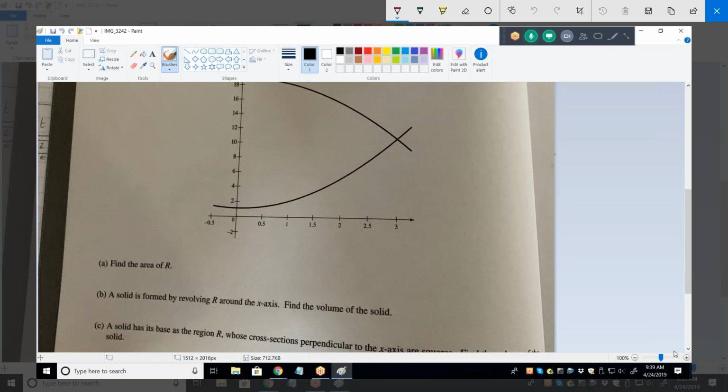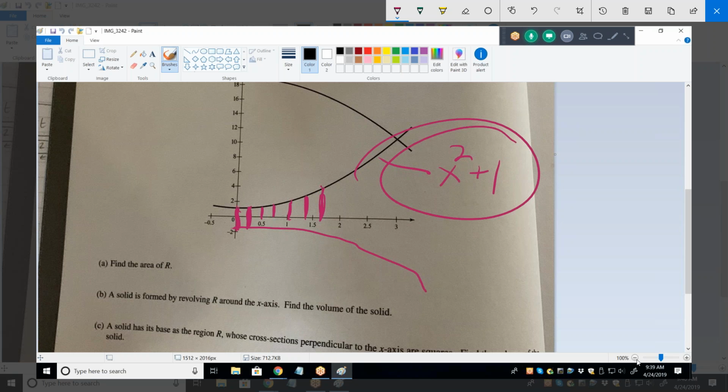Little r is that radius right there. Remember, I'm rotating it over the x-axis, so the distance between those two things is that, and little r is that.